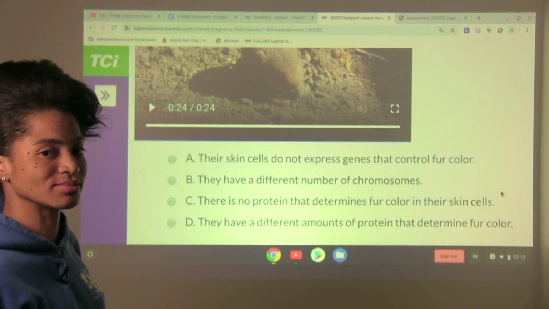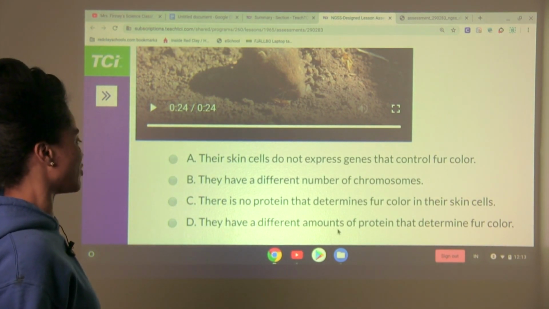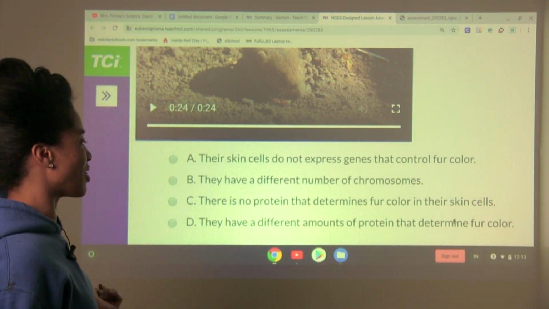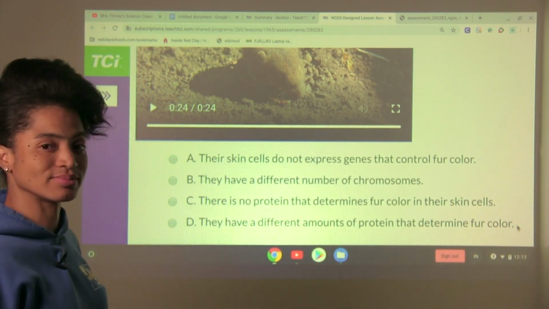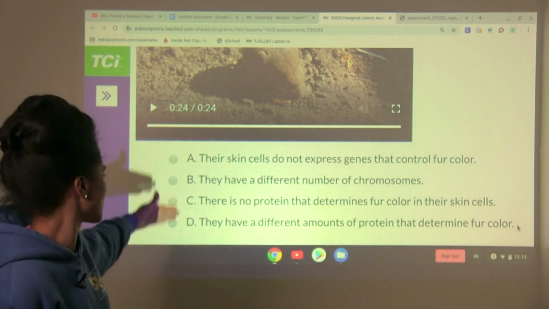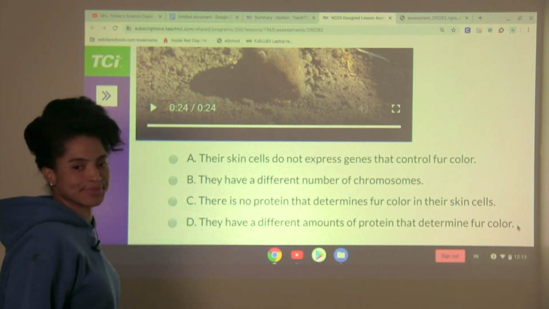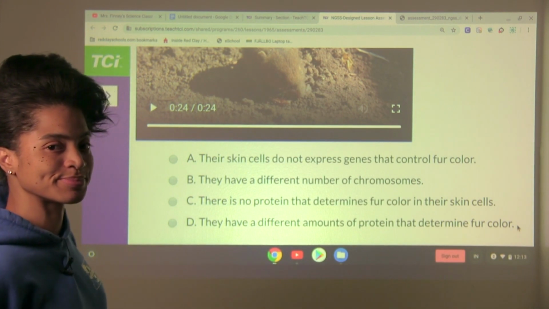What do you think about C? D, they have different amounts of protein that determine fur color. Make your choice. Would you pick A, B, C, or D for number 1?